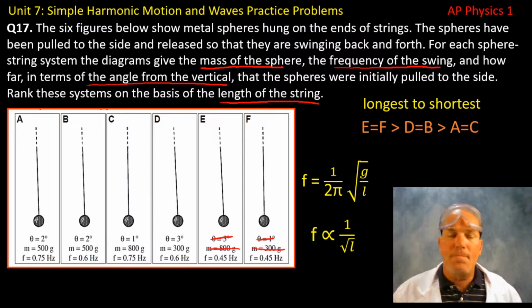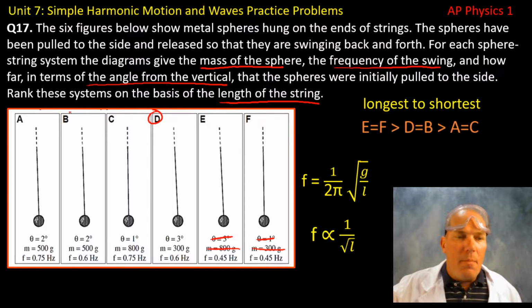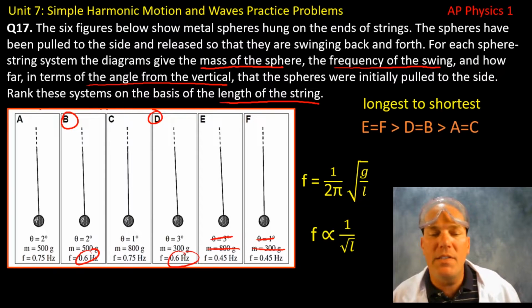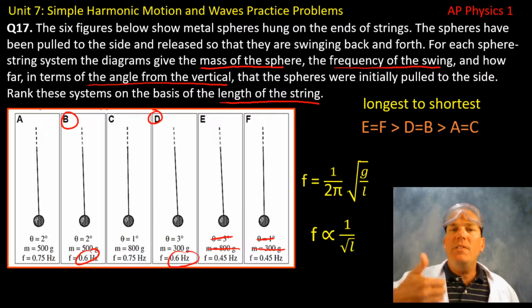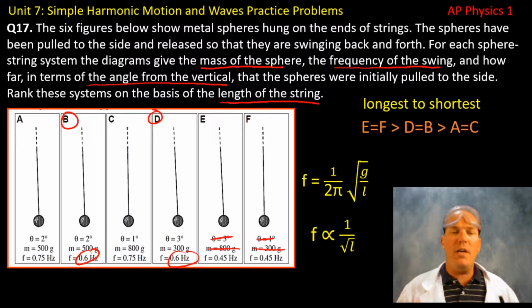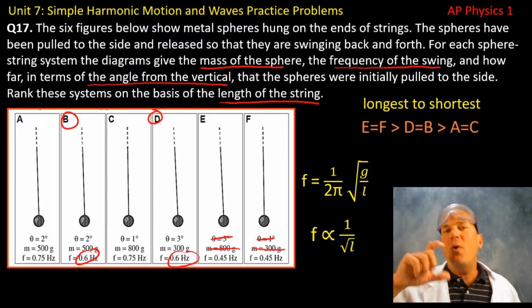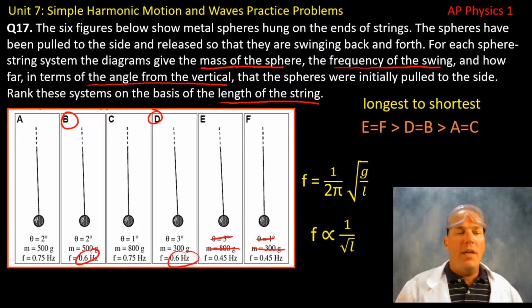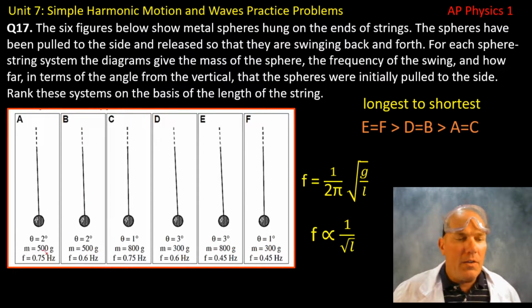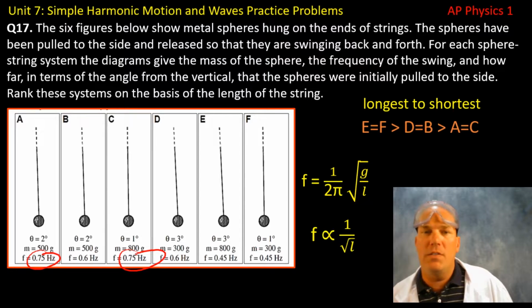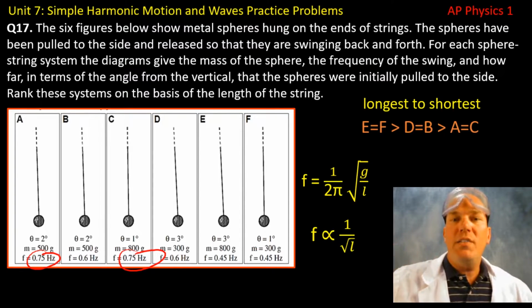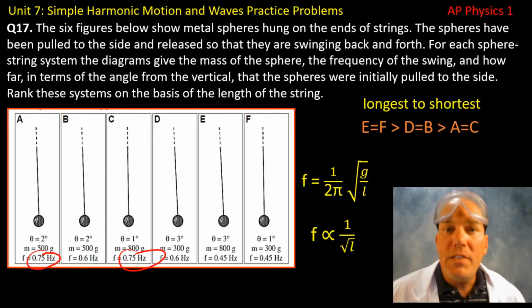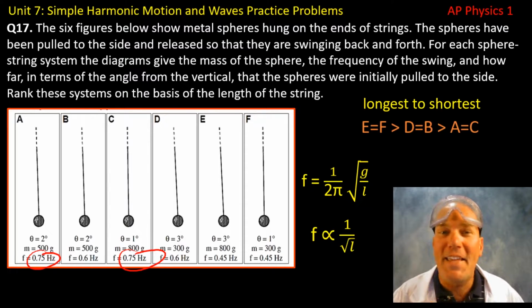D and B, we're looking at 0.6 hertz and 0.6 hertz. Frequency is going up. Well, they're inversely related. So as frequency is going up, the length must be going down or getting shorter. And lastly, we have our 0.75 hertz. So that is our greatest frequency and thus our shortest length of string.